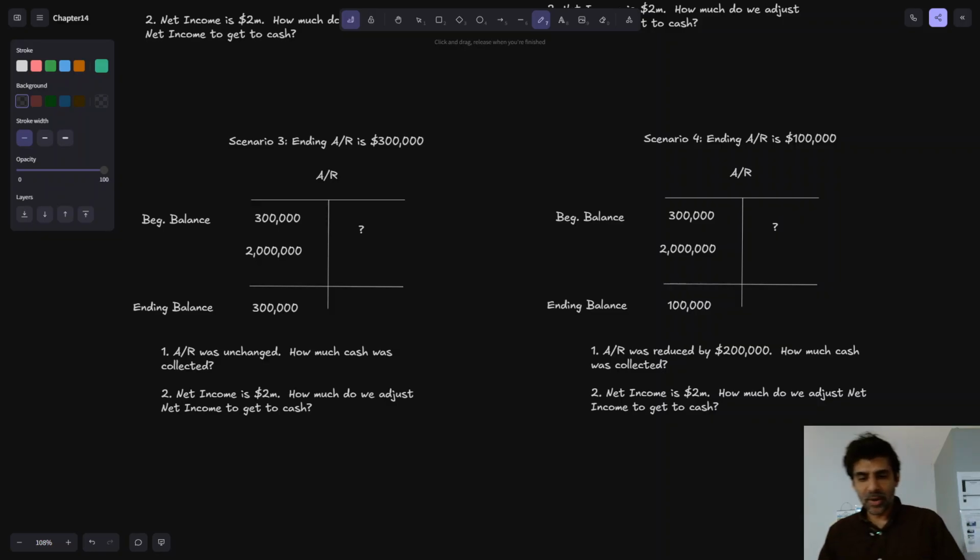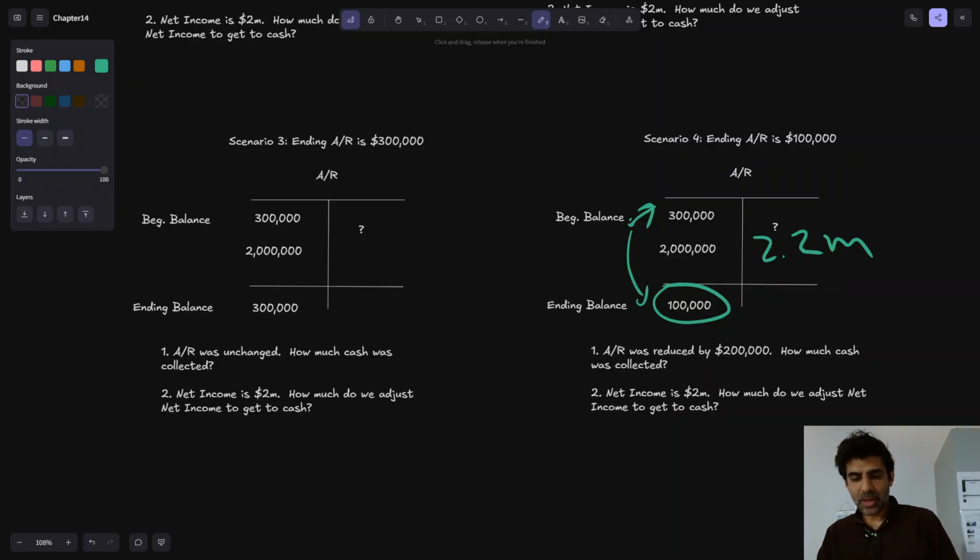Okay, and then this last one, where our accounts receivable is reduced. How much cash did we collect? 2.2 million, right? So we saw a decrease.